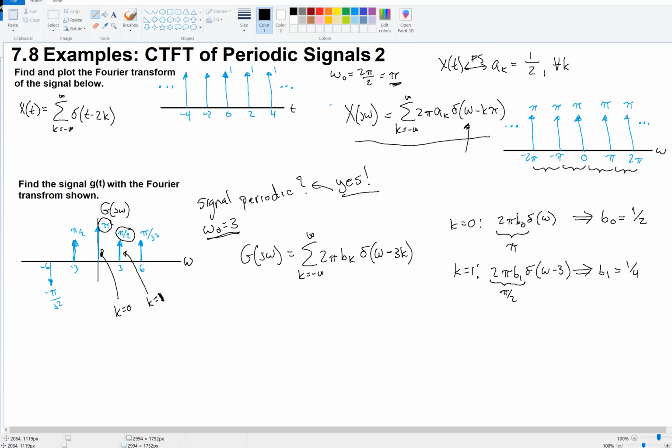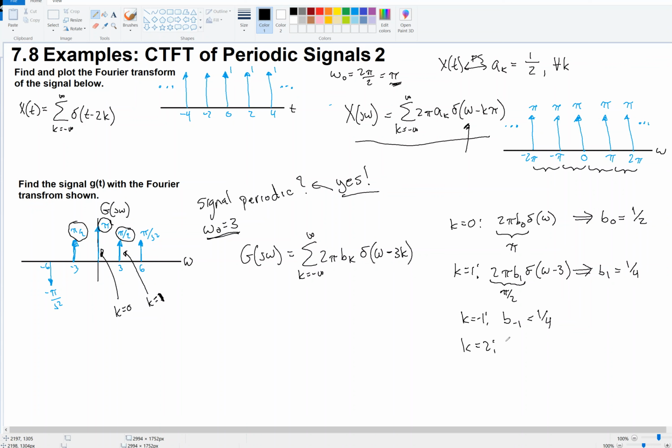And if we did the same analysis for the k equals -1 term, here's the k equals -1 term, shifted to the left by 3 units, you would find that b minus 1 is equal to 1/4. Same thing. Great.